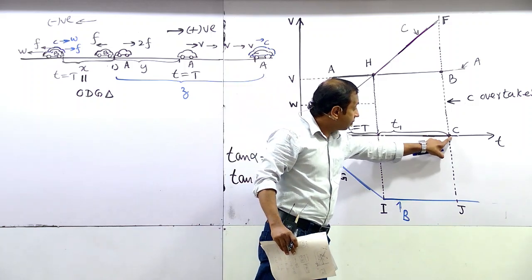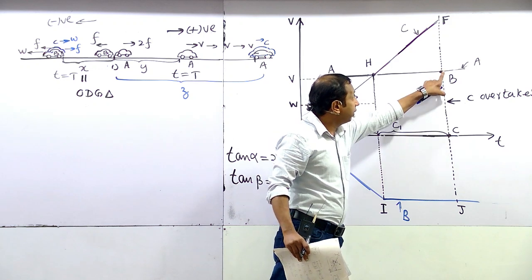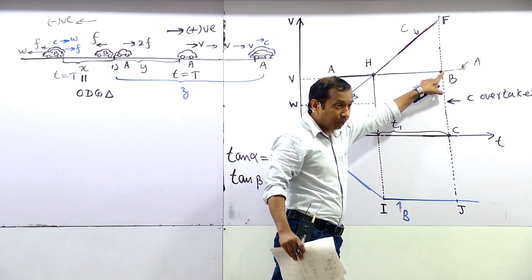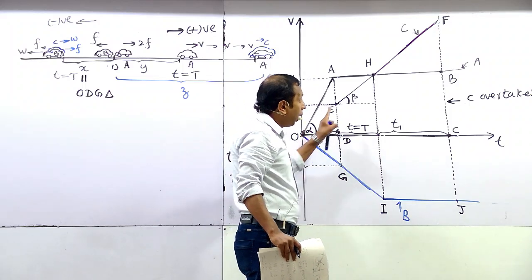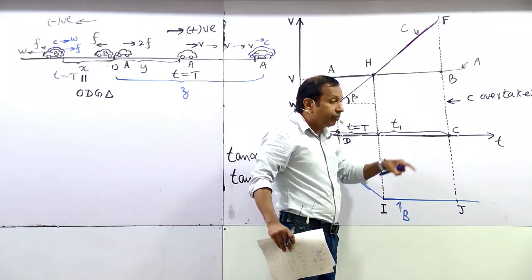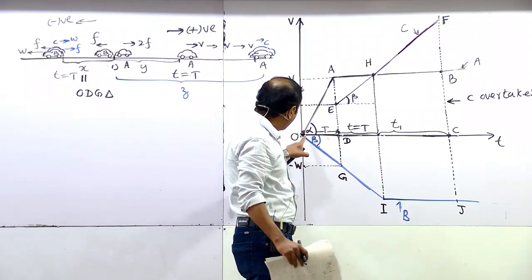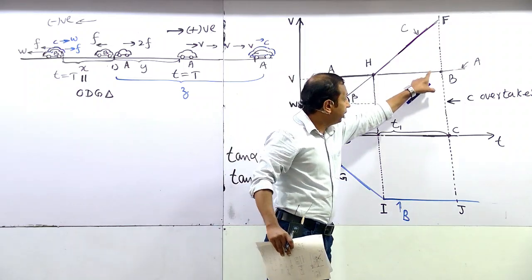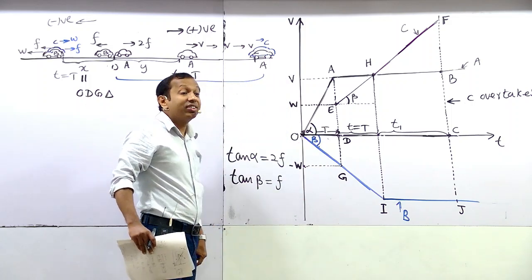The overtaking is taking place here. Then up to here, the VT graph of A valid now from here. Then tell me, up to this time moment, the area, what, OABC area, that OABC area should be what?